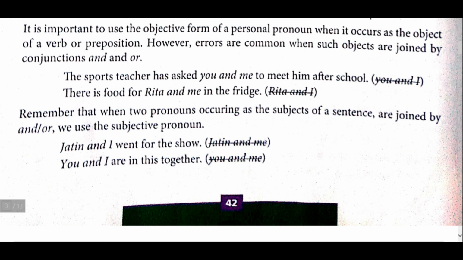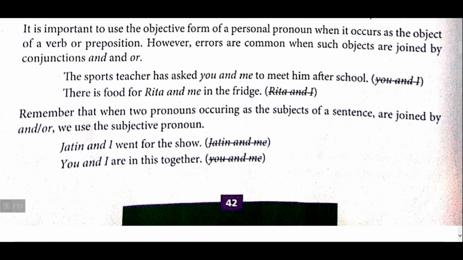However, errors are common when such objects are joined by conjunction and or. So you have to be cautious, you have to be careful what to use and when to use it.